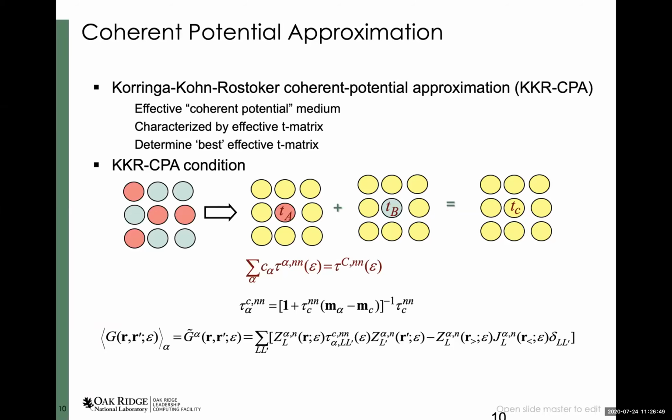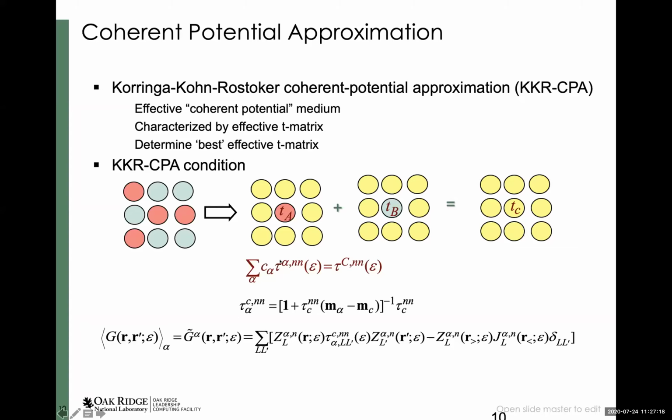So in CPA, as Hannah already showed you, you're basically averaging the Green's function in which you embed your single atom, so that this averaged Green's function behaves in the same way when you replace the different scatterers inside.